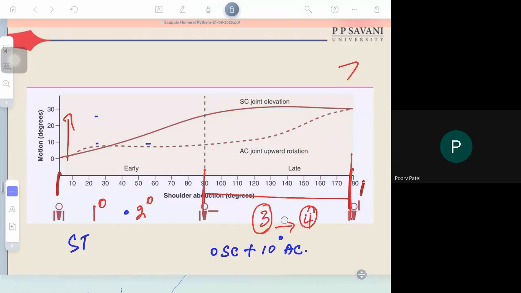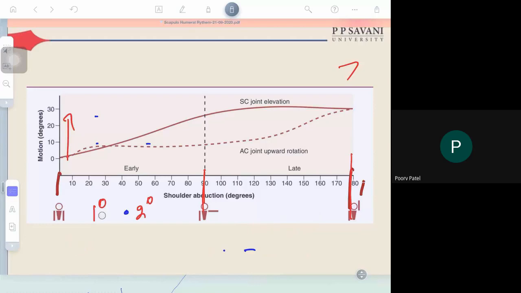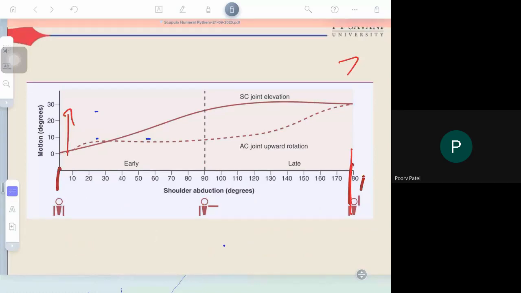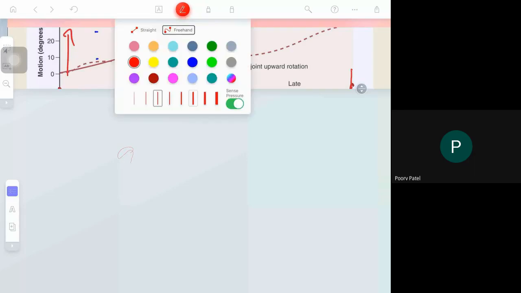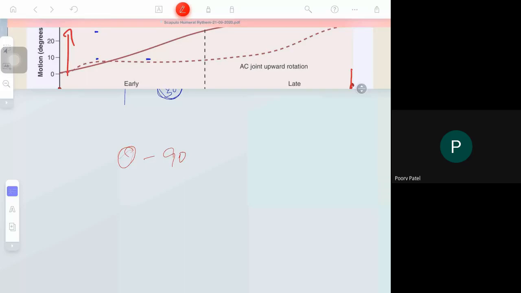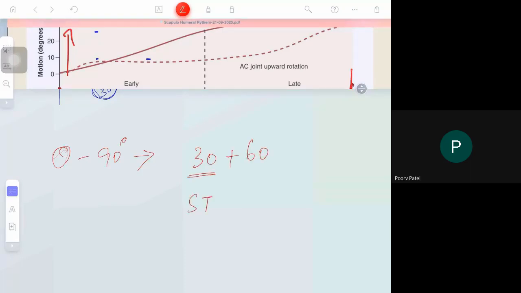Yes, sir. So in short, if you want to write, during the 0 to 90 degree range of motion, 30 plus 60. 30 is scapulothoracic, 60 is glenohumeral.